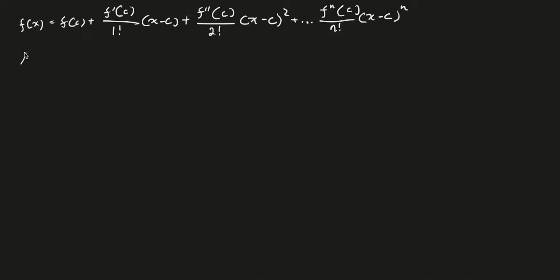And so let's make f of x equal to e to the x, while c is equal to 0. So Maclaurin series.